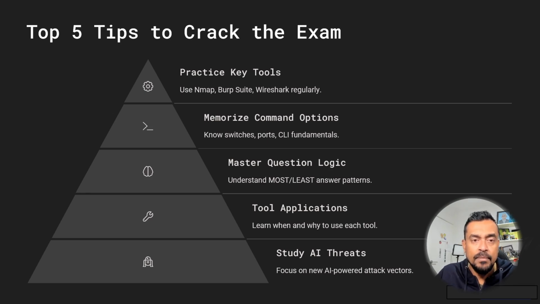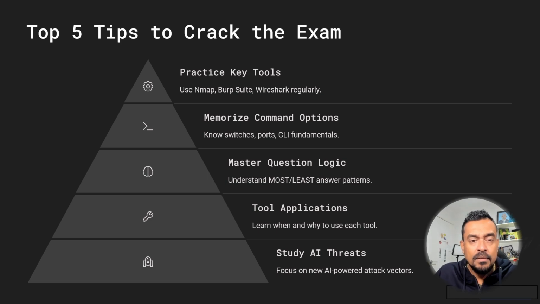For example, Nmap, Burp Suite, and Wireshark are very important. And also you need to have knowledge of ports, the TCP/IP stack, and the 3-way handshake, for example. Those are basic stuff, but having knowledge in those areas will definitely give you better chances.